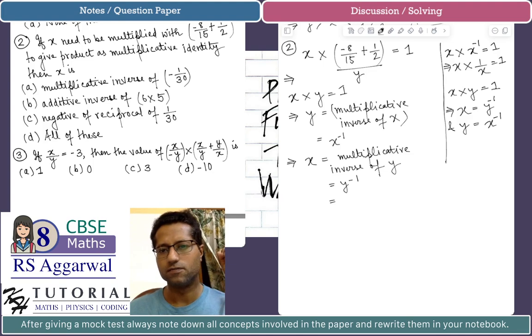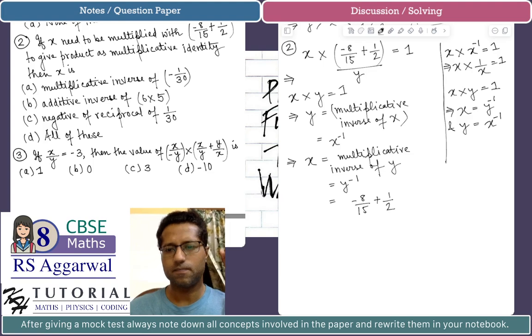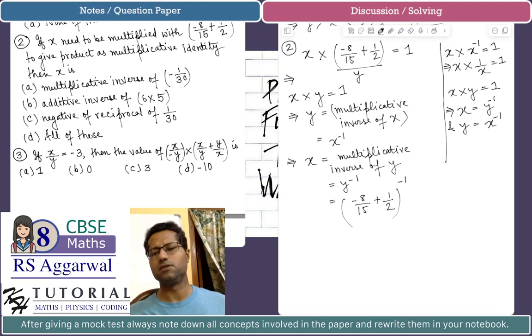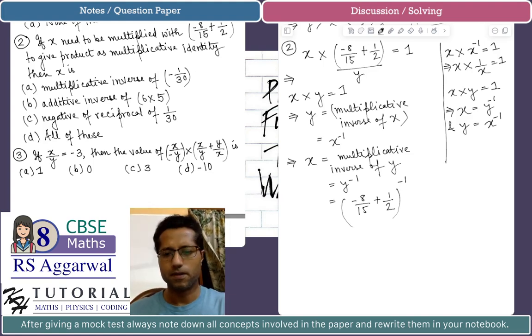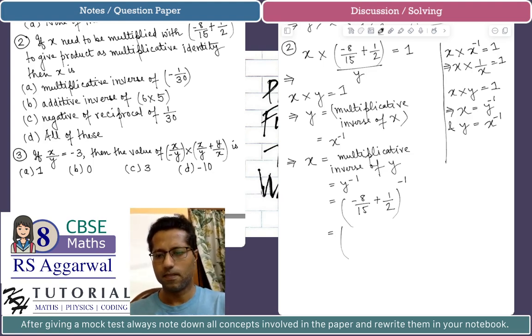So what is y? We have y is nothing but minus 8 by 15 plus half, to the power minus 1. To the power minus 1 means multiplicative inverse or reciprocal. Now we have to simplify minus 8 by 15 plus half. We have to find the LCM of 15 and 2, which is equal to 30.